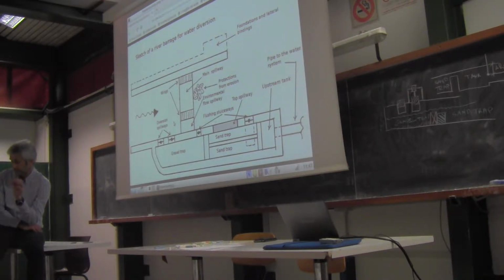And what do you need to verify this impact? You need an estimation of the flood flow, and you typically need to apply a computer model to estimate the flood level after the intervention.